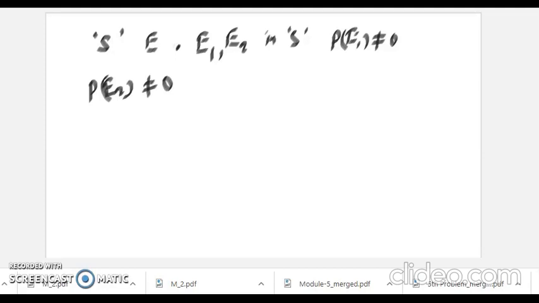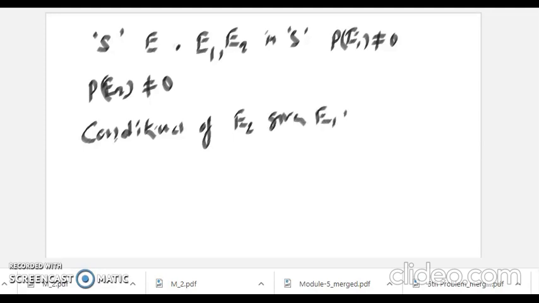Then by using the conditional event or conditional probability of the event E2, given that E1, the conditional probability is P of E2 divides E1.